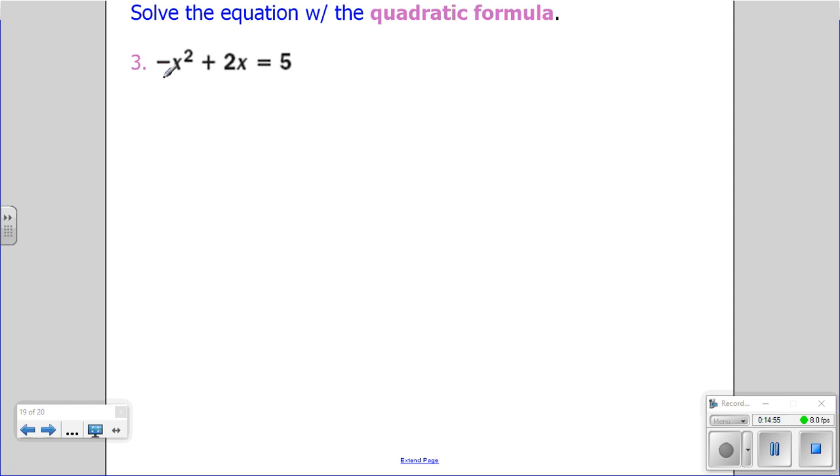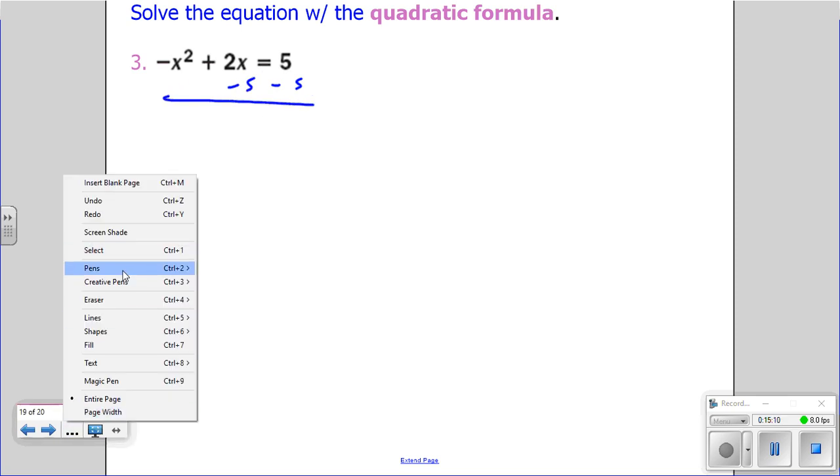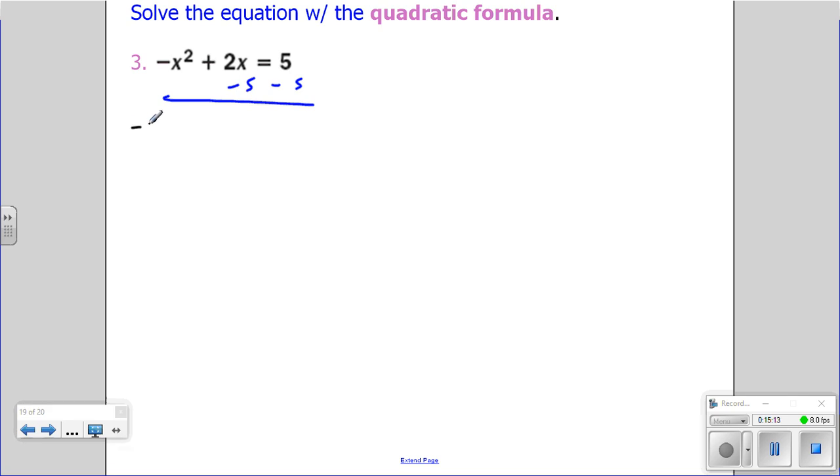All right. We now have negative x squared plus 2x equals 5. So again, we must get it to equal 0 first. So we subtract 5 and rewrite: we would have negative x squared plus 2x minus 5 equals 0.